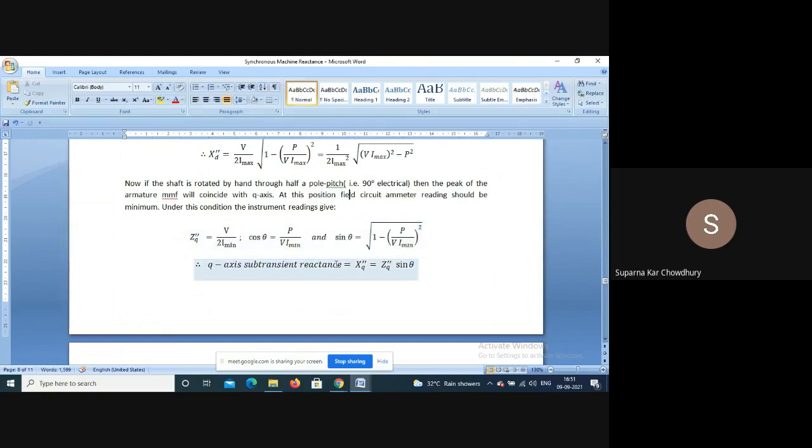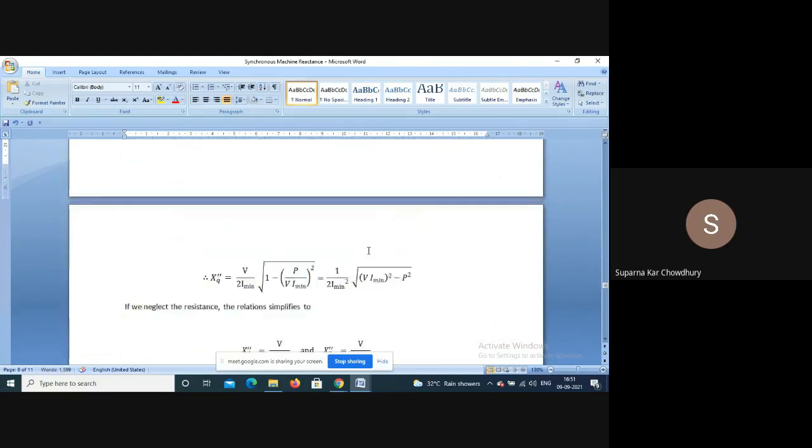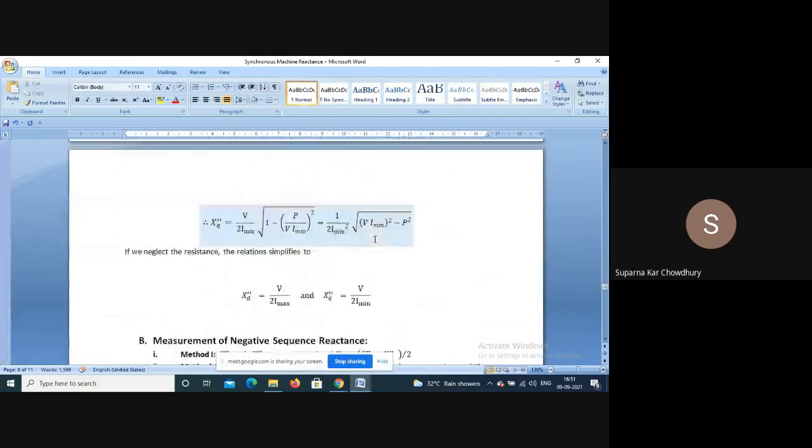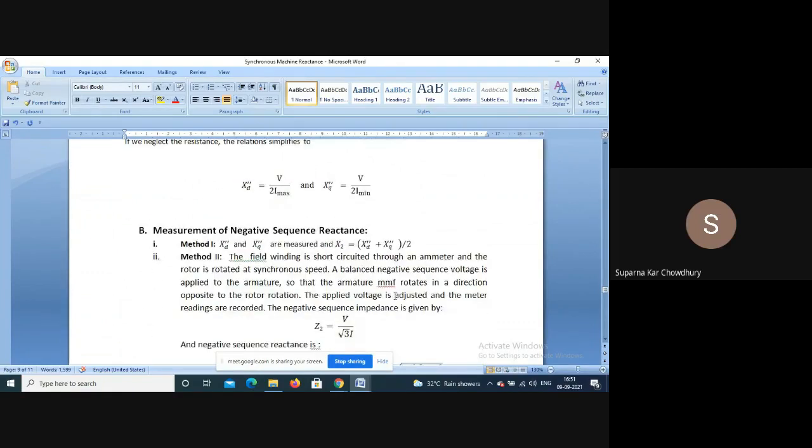Under this condition, we can get X_q double dash. Now, these values of X_d double dash and X_q double dash are considering resistance. If we neglect the resistance, then approximately X_d double dash is V by twice Imax and X_q double dash is V by twice Imin.